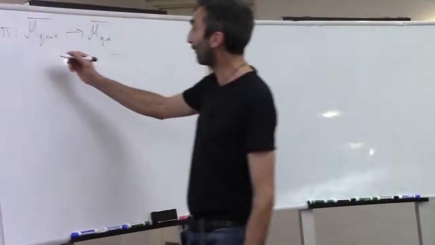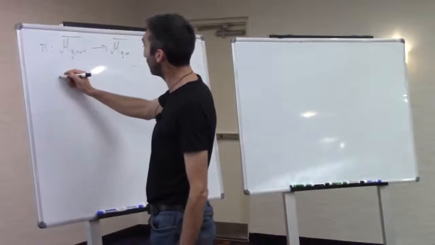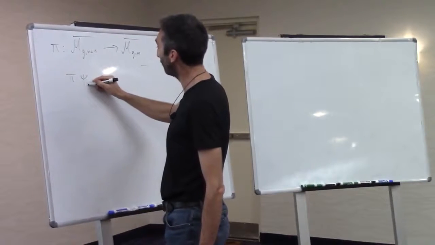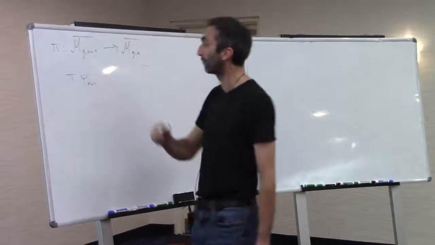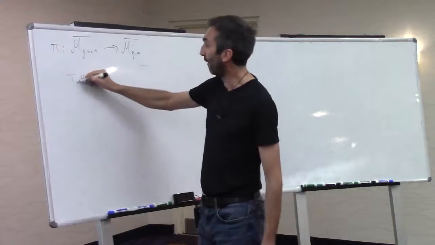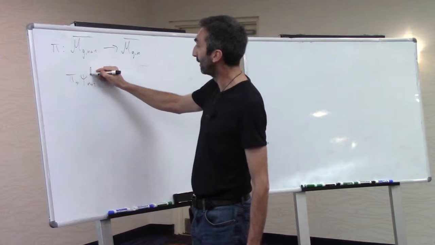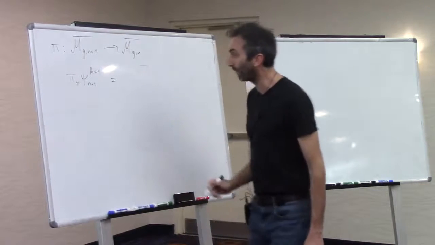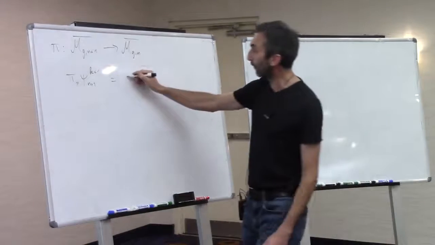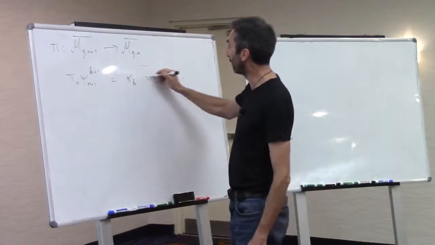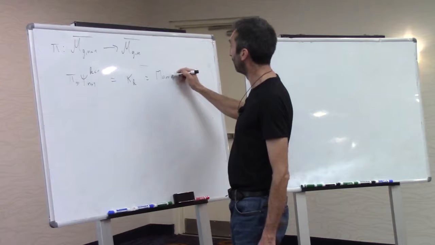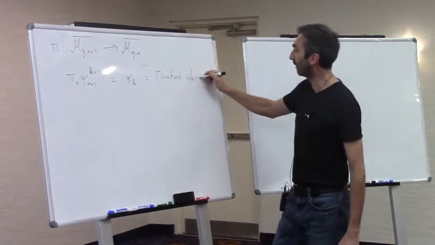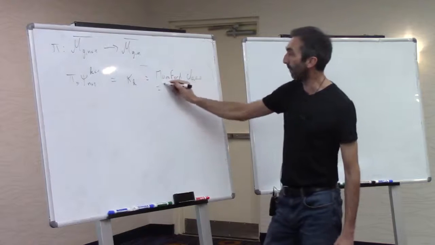And under that forgetful map, the push forward of the psi class of the n+1 marked point, so the one you forget, to the power k+1, is what you call kappa k, and it's called the Mumford class, and it's a 2k form.